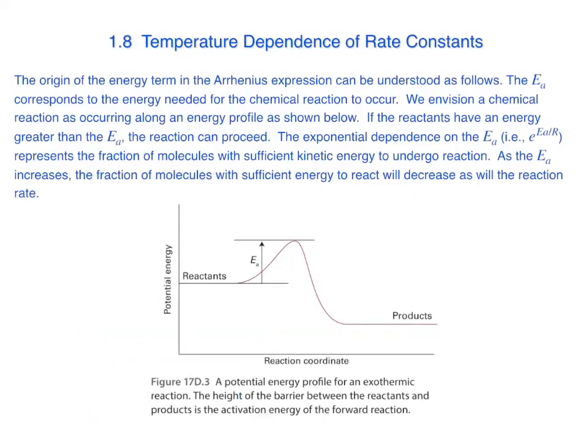And the exponential dependence on the activation energy represents the fraction of molecules with sufficient kinetic energy to undergo a reaction. As the activation energy increases, the fraction of molecules with sufficient energy to react will decrease, as will the reaction rate.